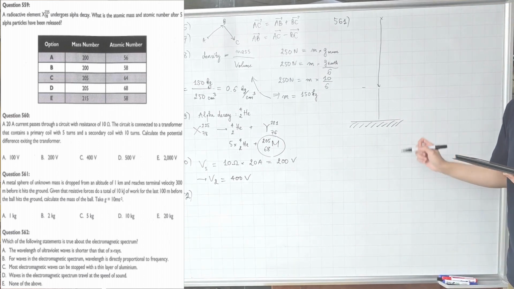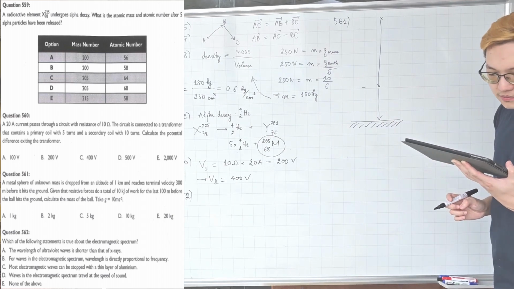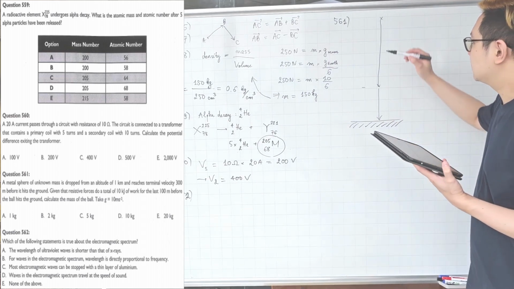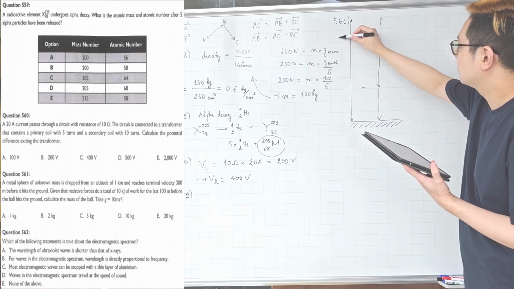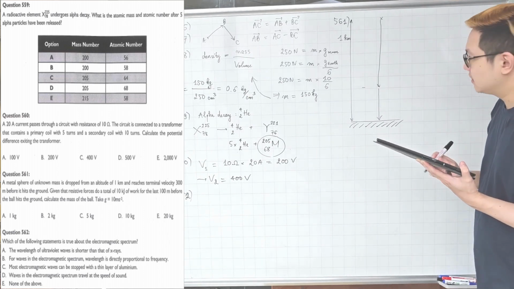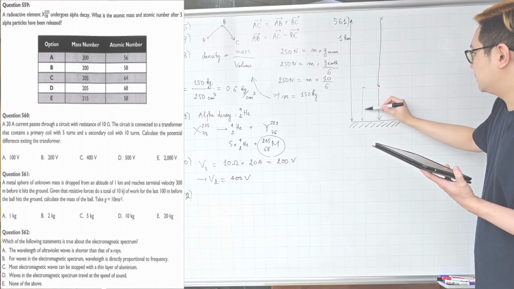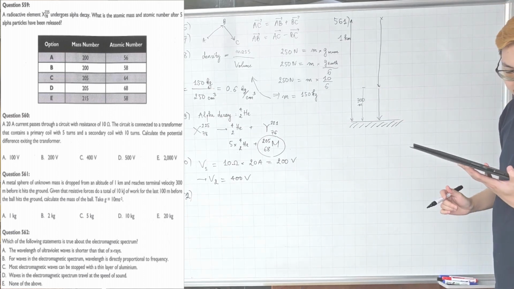Let's just say this is the ground, okay? So this is 1 kilometer. And here it's 300 meters, okay?